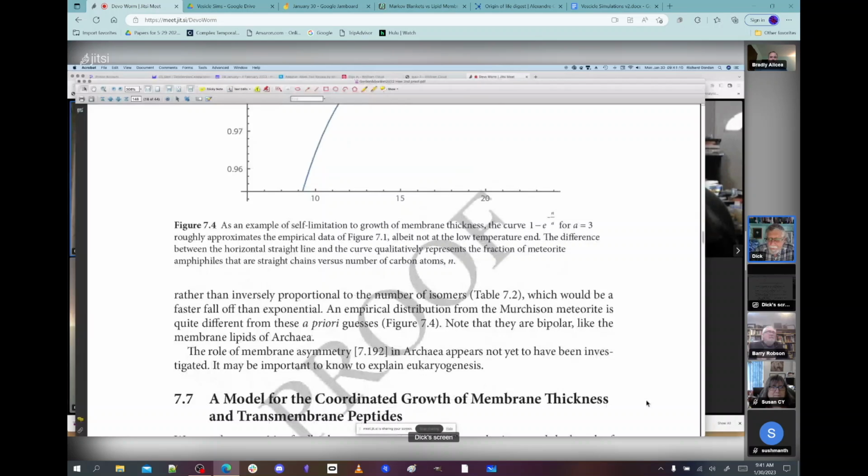Now we calculate in a separate paper that the number of day-night cycles available for these polymerizations of peptides is about 10 to the 11th. And that's assuming that when the moon formed, the Earth spun up because it was hit sideways by a rogue planet called Theia.